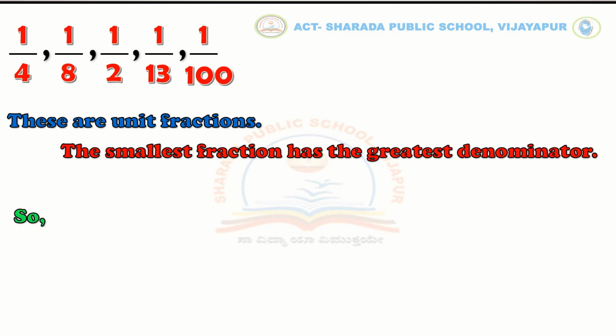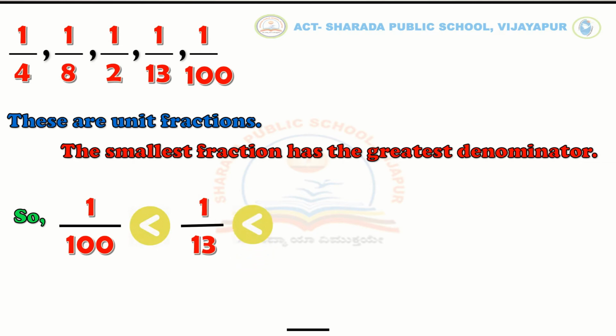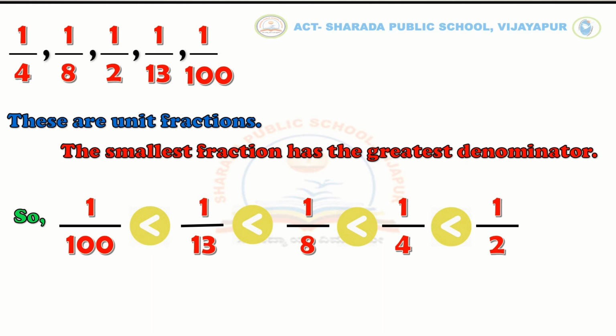So we should arrange the greatest denominator first, that is 1 by 100. 1 by 100 is less than 1 by 13, and 1 by 13 is less than 1 by 8, and 1 by 8 is less than 1 by 4, and at last 1 by 4 is less than 1 by 2.